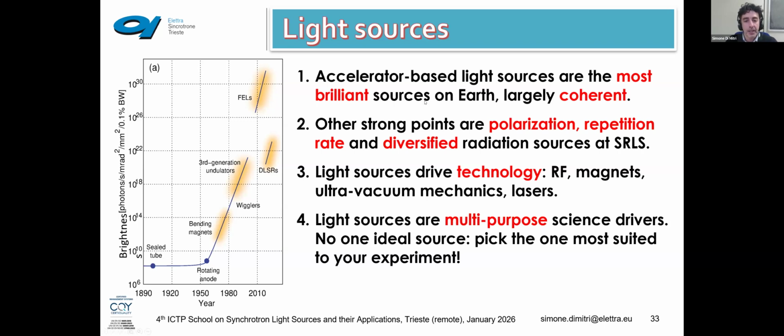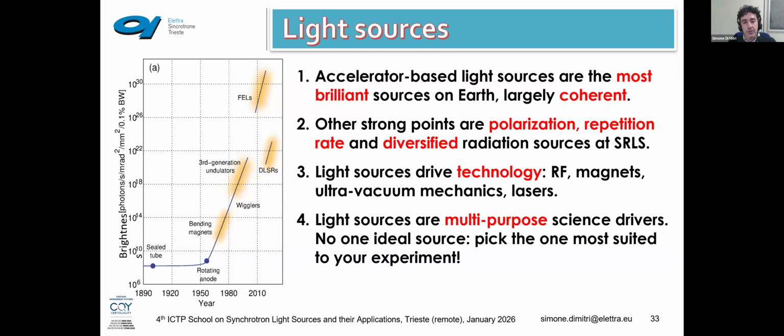You have to keep in mind that accelerator-based light sources, which imply, as you maybe have understood, a large infrastructure, so many resources, both in terms of money and people and technology, are the most brilliant sources on Earth. In other words, at the moment we are not capable of producing radiation as collimated as in a synchrotron light source, for example, with the same intensity in the X-ray wavelength range.